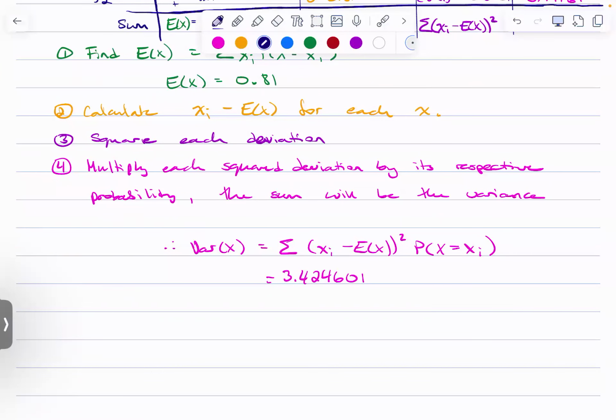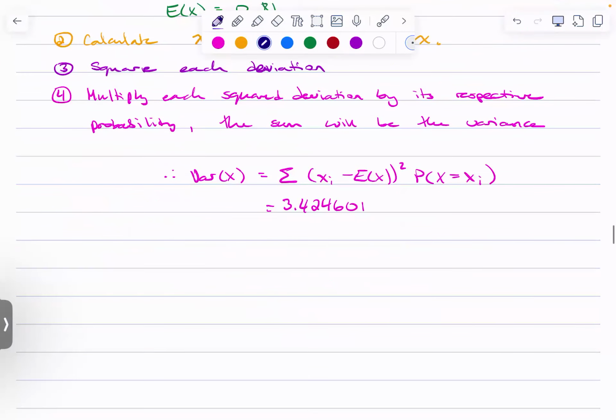What's the standard deviation of X? Find the standard deviation of the payout.